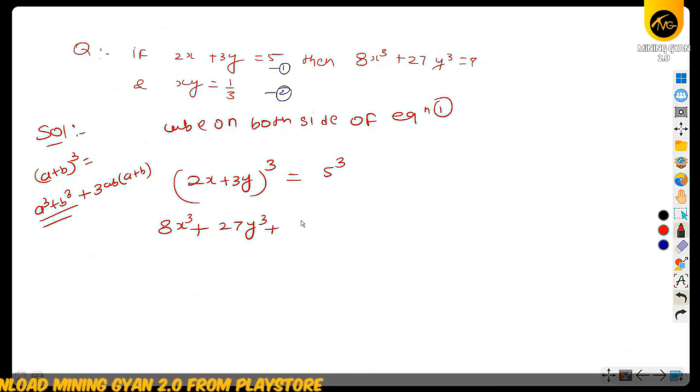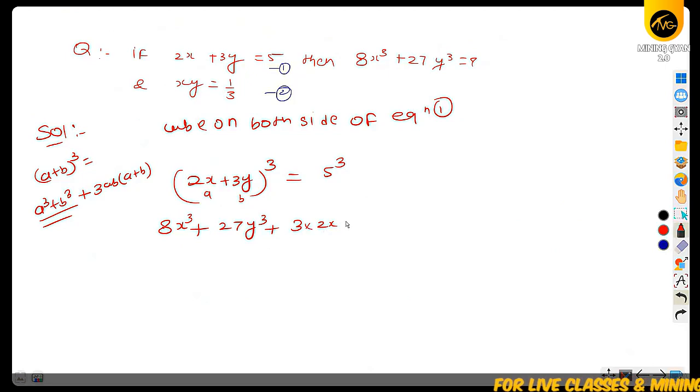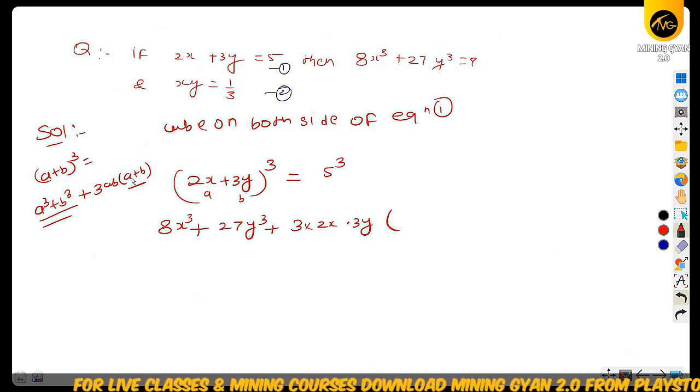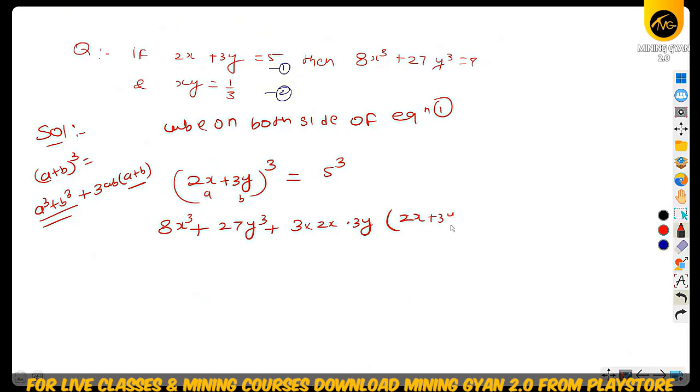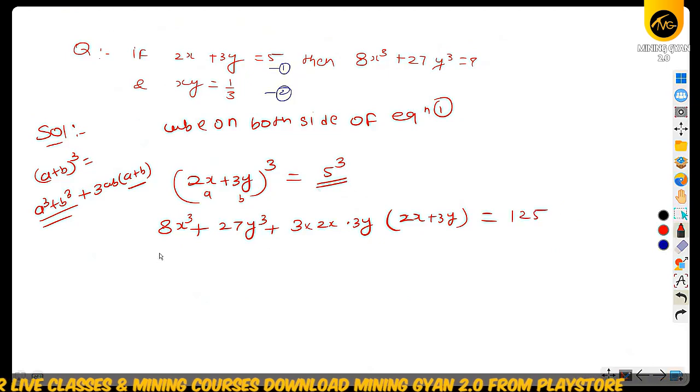Now the second portion, 3 into ab, a is 2x and b is 3y, that means 2x into 3y, right? Now the last portion is a plus b, that means 2x plus 3y. Now the cube of 5 is 125, right?